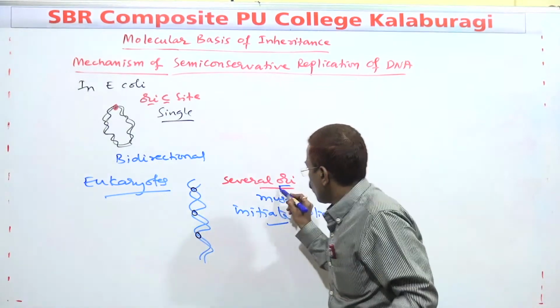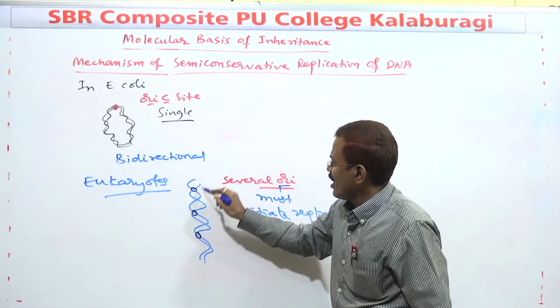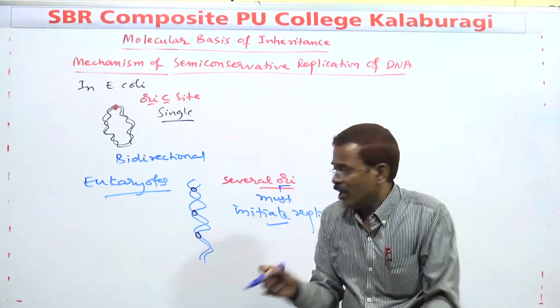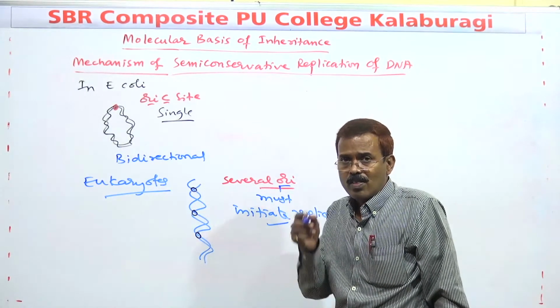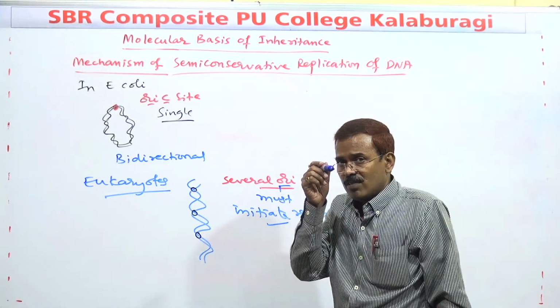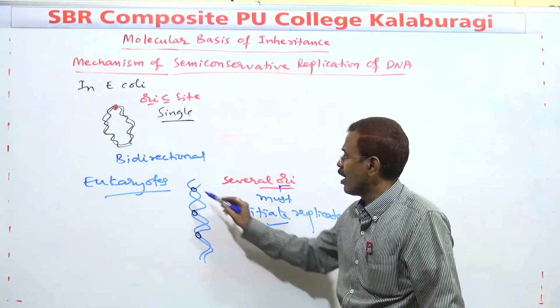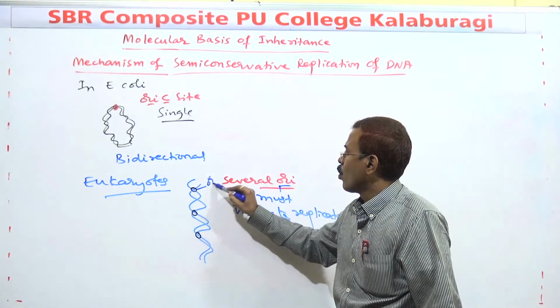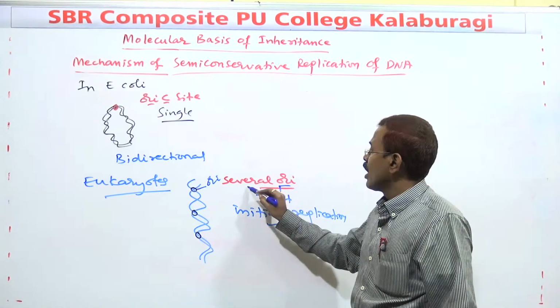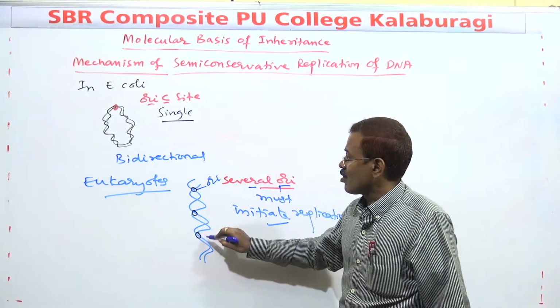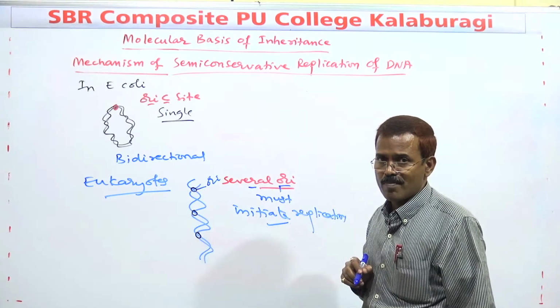Okay, so for the origin of replication, if this is the DNA strand, the point from which the replication should begin, that degree of specificity is specified by this ori site. There are several ori in the case of eukaryotes, remember, right?